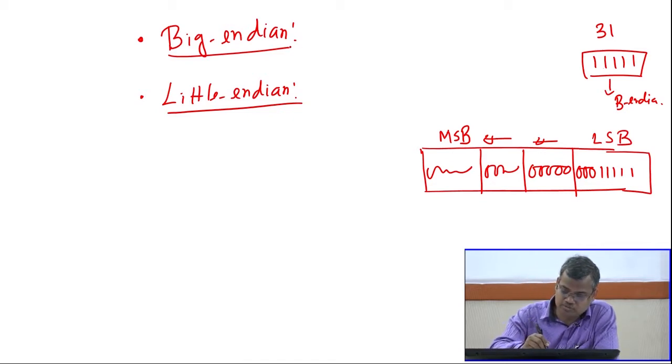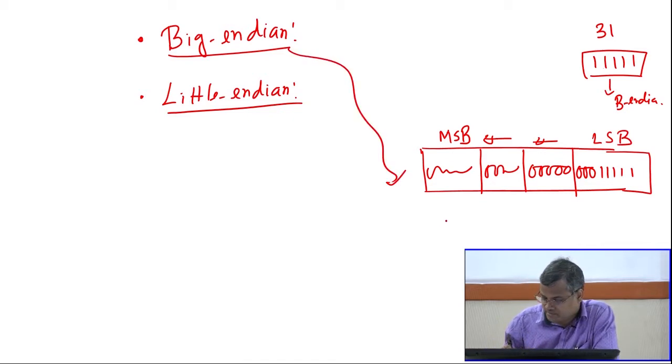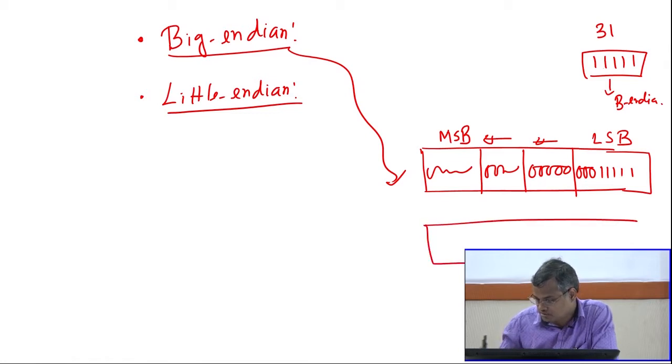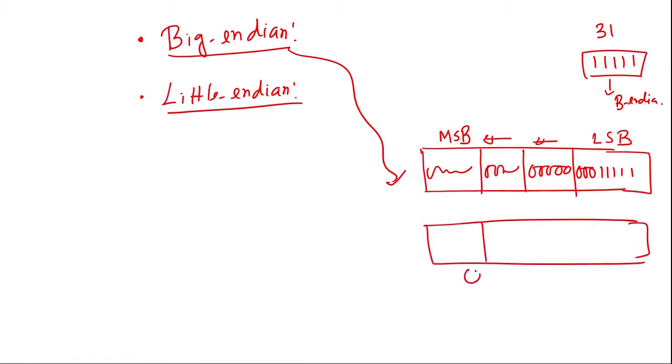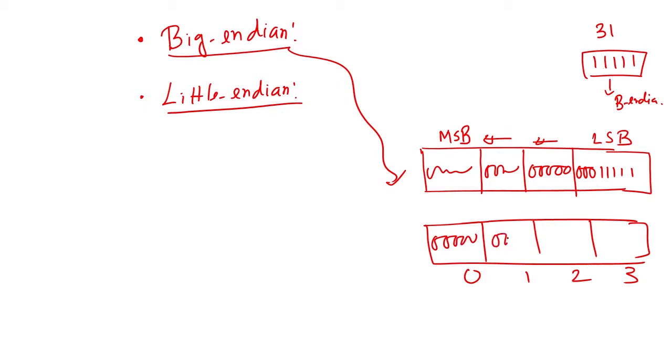Now, if you use big endian, your memory locations, let us say, are 0, 1, 2, 3. Okay. So, then this will be 0 0 0, and the last location will hold the value.